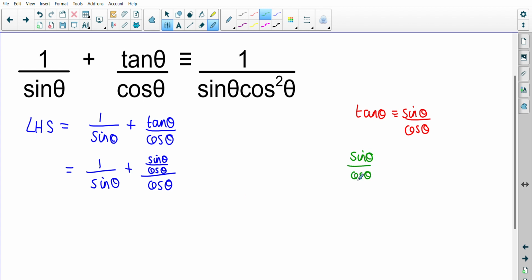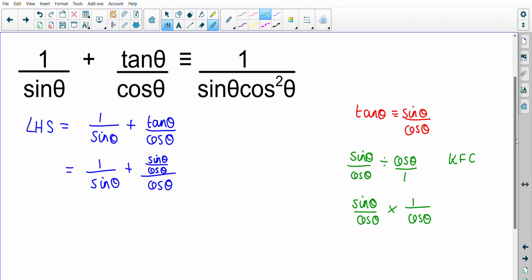That's the same as saying, right, sine theta over cos theta divided by cos theta. If I change that to cos theta over 1, I've got division of fractions. And in particular, the keep, flip, change technique. So if I keep the first fraction, flip the second fraction, change the sign to a multiply, that's the same as working out what I had in blue.